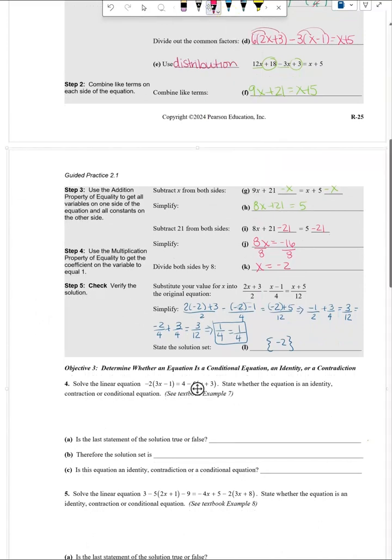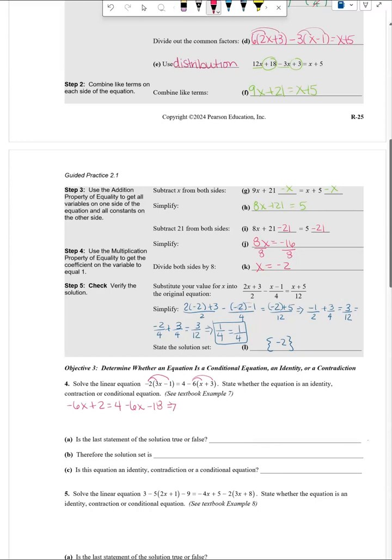So we're going to solve the linear equation and decide whether the equation is an identity, a contradiction, or if it's conditional. Let's just distribute our negative 2 and our negative 6 in. So that's going to give us negative 6x plus 2 equals 4 minus 6x minus 18.